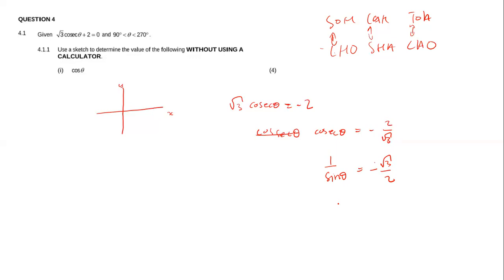So I'm going to take the inverse once more, and that means sine theta is the same as negative 2 over root 3. If it confuses you, we can just cross multiply and solve for sine theta. You're still going to get the same thing.